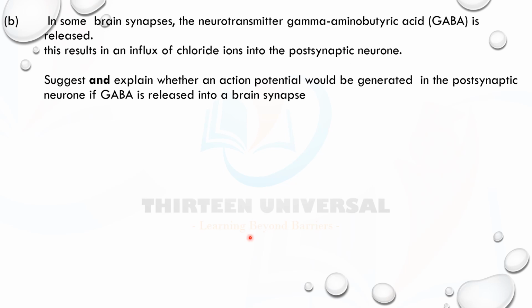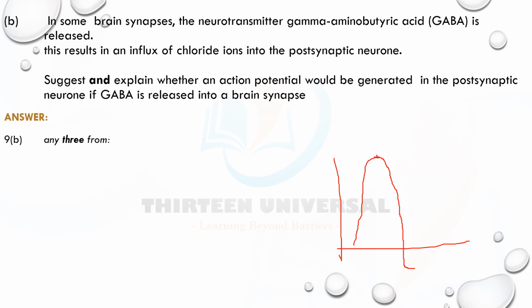You remember that graph, that diagram. When positive ions diffuse in, the membrane becomes more positive, and this is where the action potential is generated. But if negative ions are moving in, the membrane potential will fall and become hyperpolarized, so no action potential will be generated.